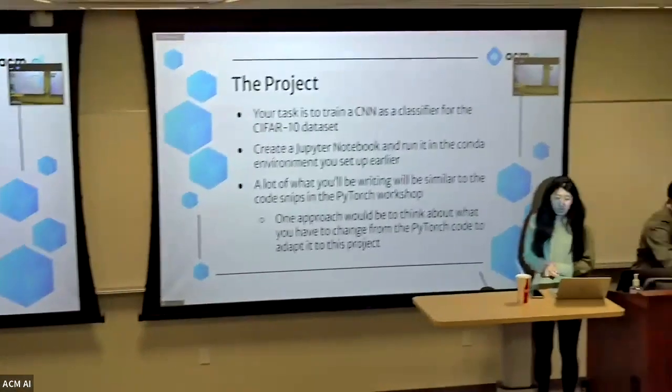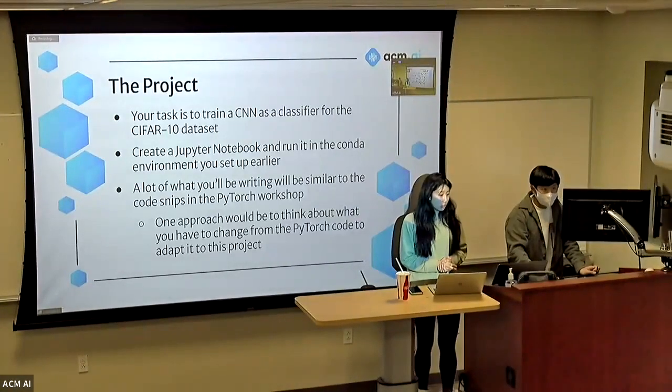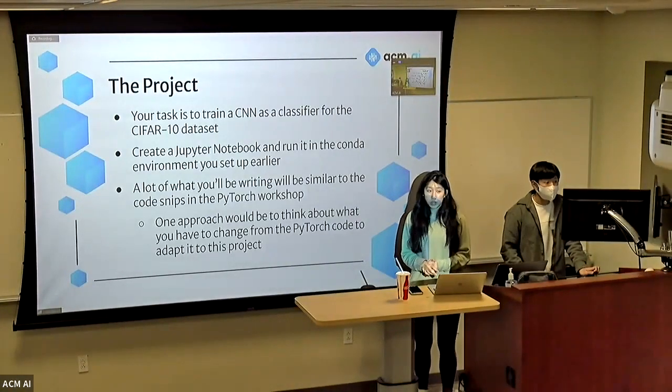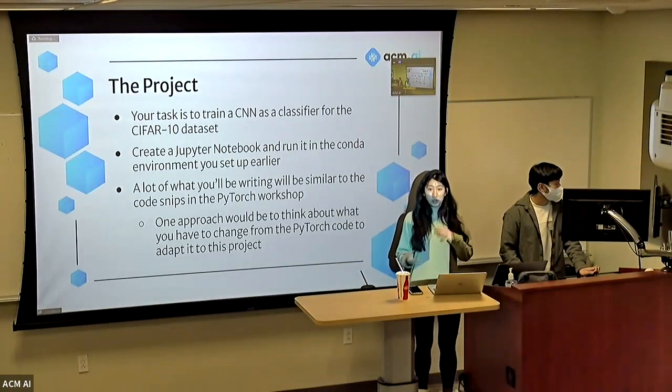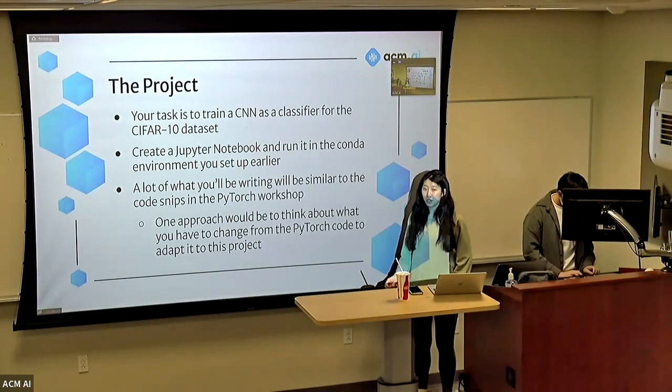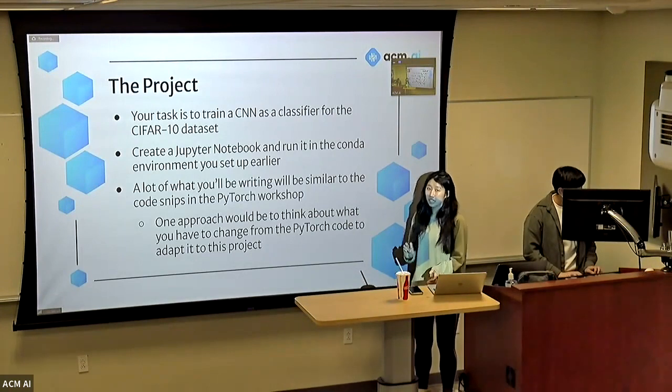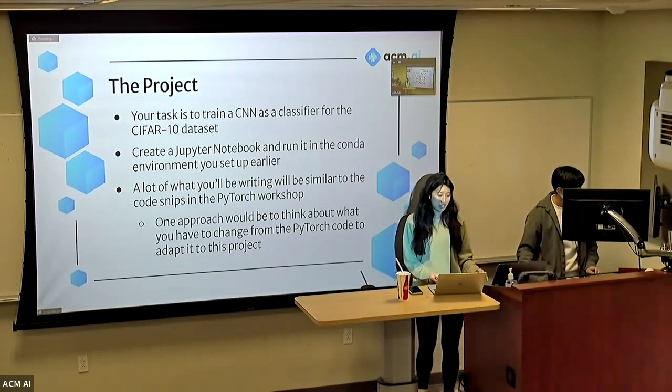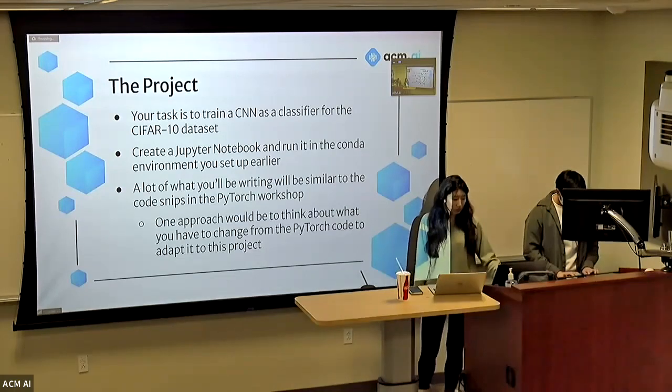We're just going to be walking you through writing some small snippets of code, and hopefully get you thinking about how to manipulate the documentation, as well as any functions that we introduced two weeks ago during our backpropagation workshop.